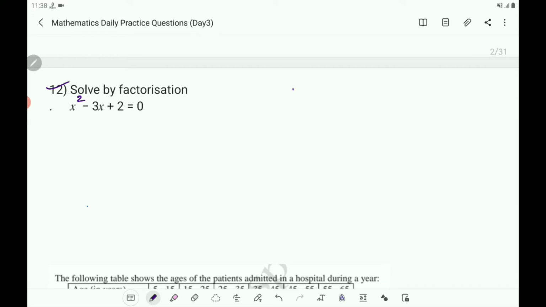What is the product here? The product PQ equals 2 into x square, that is 2x square, and P plus Q is the middle term, that is minus 3x.